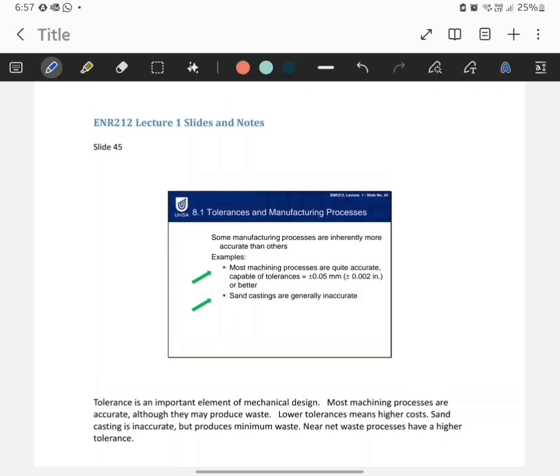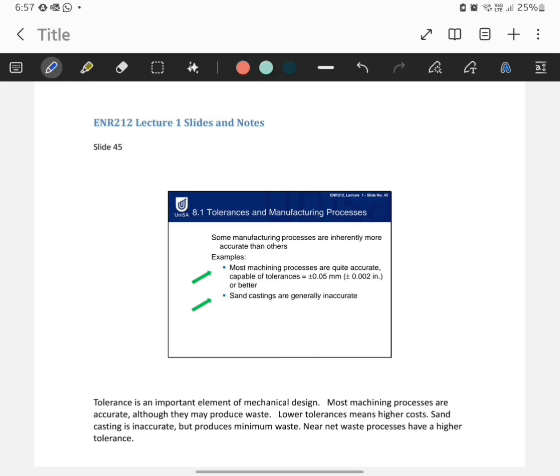Now I will talk about tolerance in manufacturing. This slide discusses how accurate manufacturing processes can be and the impact on production cost and waste. Tolerance is the degree of accuracy needed in a product dimension, which can vary based on the process.